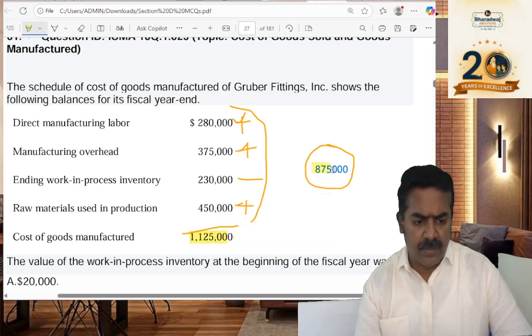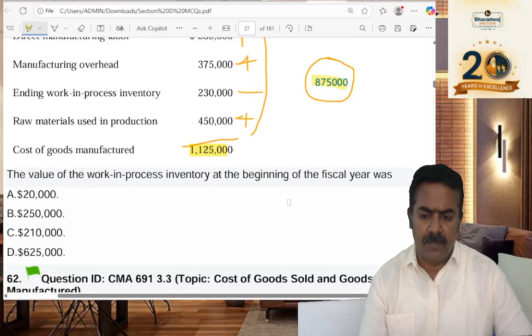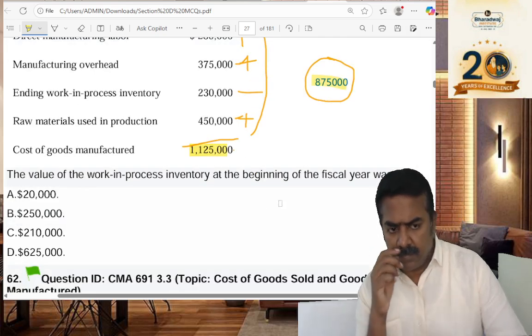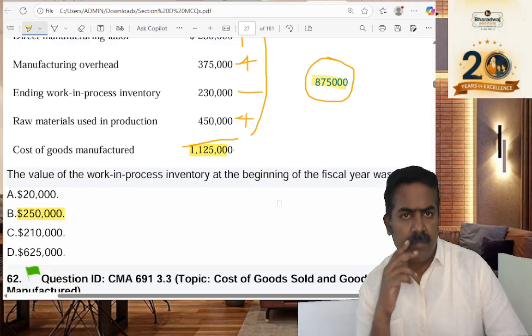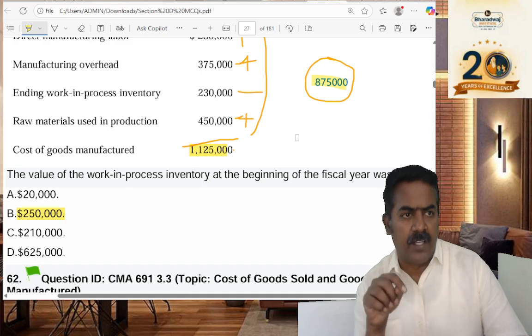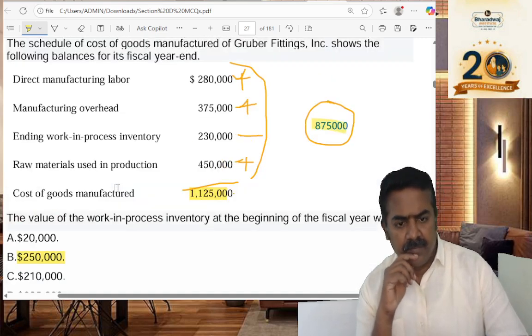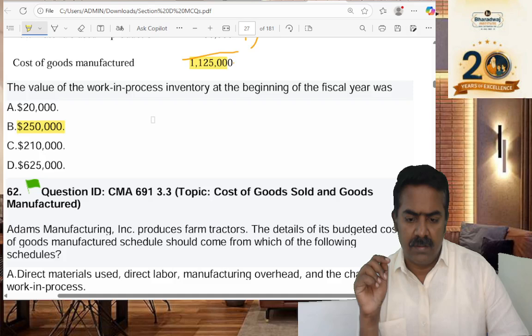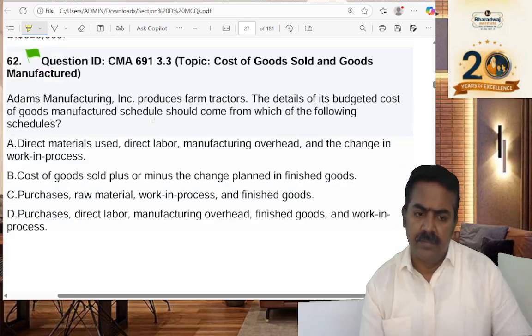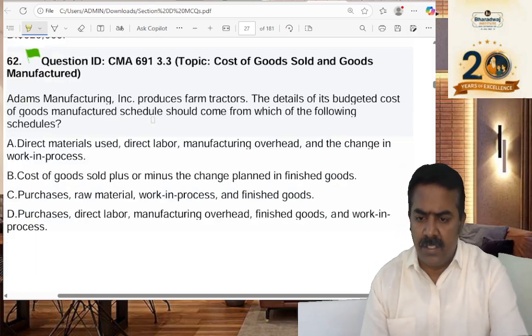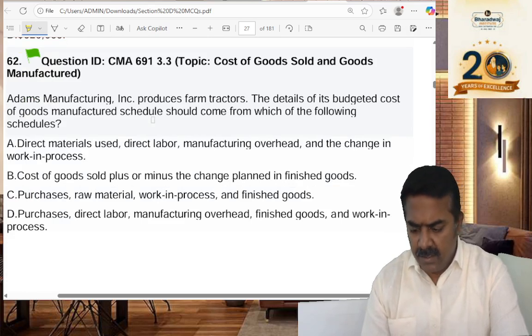So what is cost of goods manufactured? 11,25,000. The difference would have been opening WIP, because we add opening WIP. How much we need to add to get this 2,50,000? Any doubt in it? Next. Details of budgeted cost of goods manufactured is given to us.